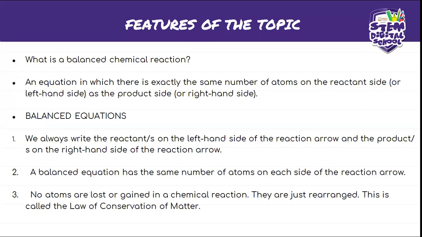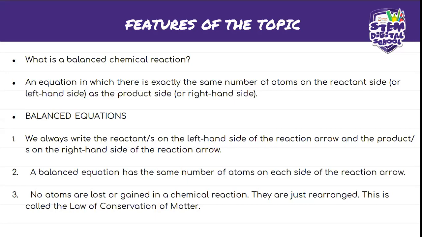In another way, in a balanced equation, the number of atoms of reactants should be equal to the number of atoms of the product. Or the number of atoms on the left-hand side should be equal to the number of atoms on the right-hand side.